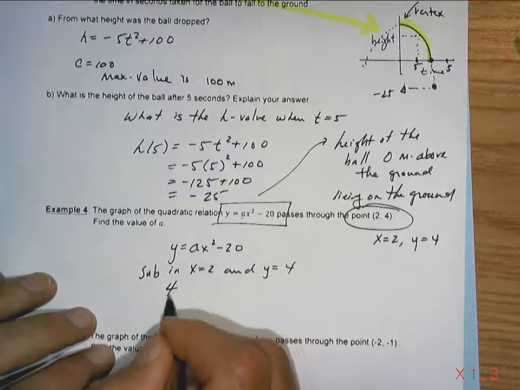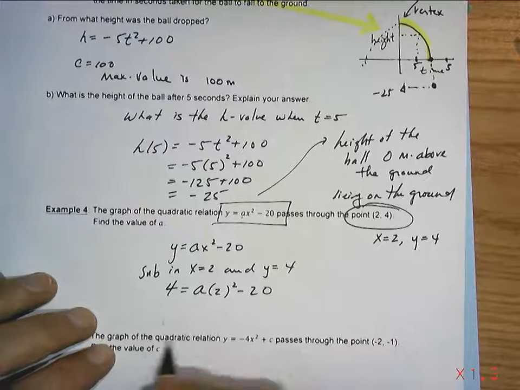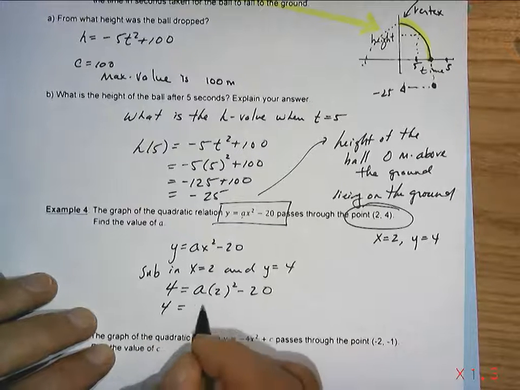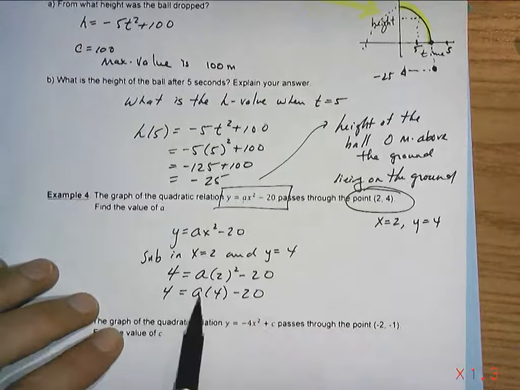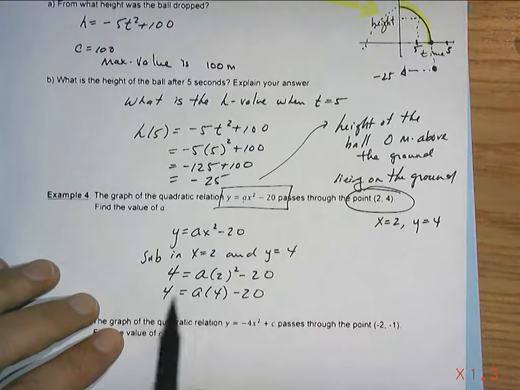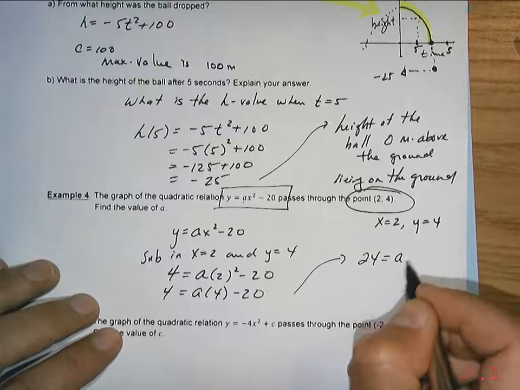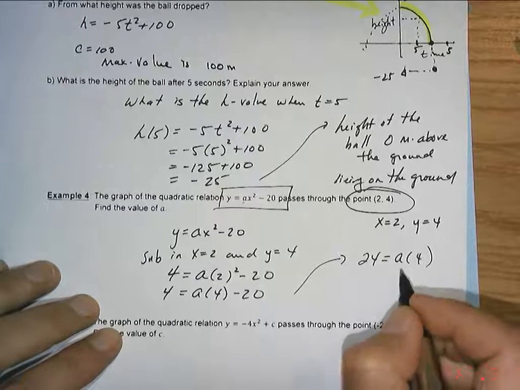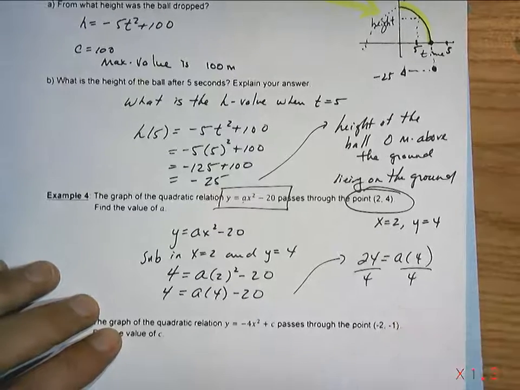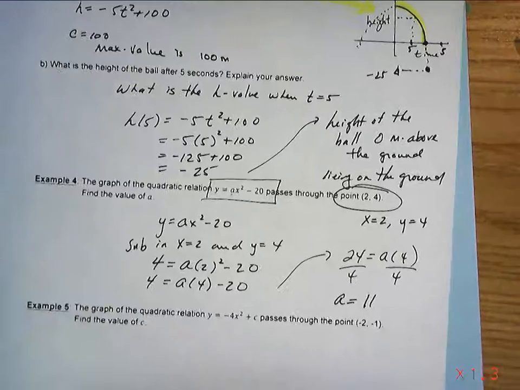What we get is 4 equals a times 2 squared minus 20. 4 equals a times 4 minus 20. We want to isolate for a. So add 20 to both sides. We want to isolate for a still, so divide both sides by 4. And we get a equals 6.